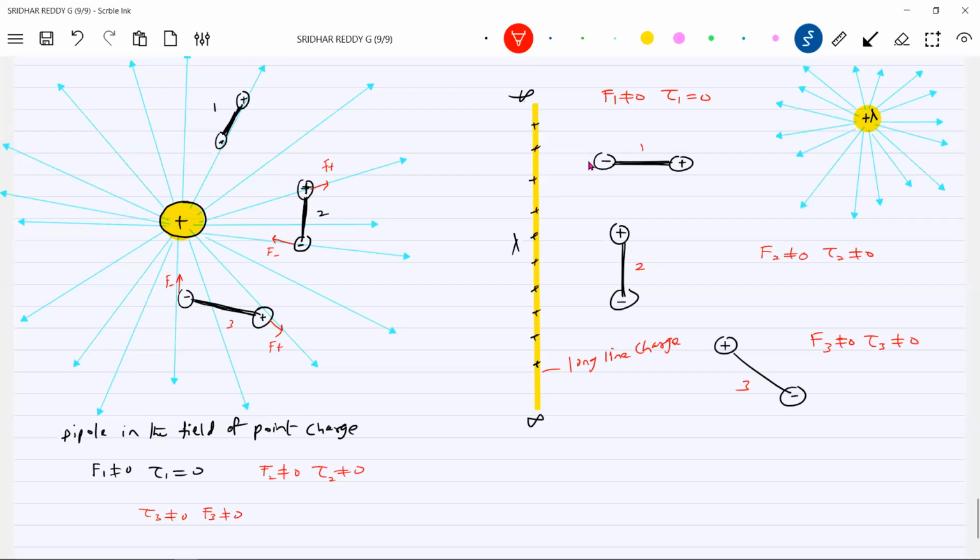Okay, but to understand, you must have a background. So you're going to keep a dipole in such a field. And we know E is proportional to 1 by R here, and here E is proportional to 1 by R square, and it'll be radially outward.